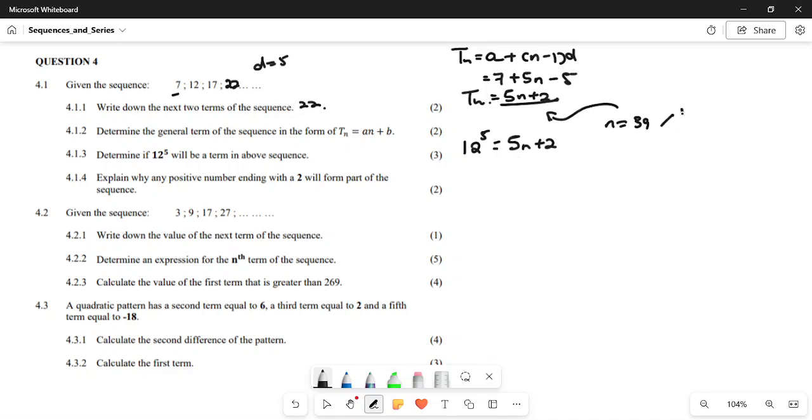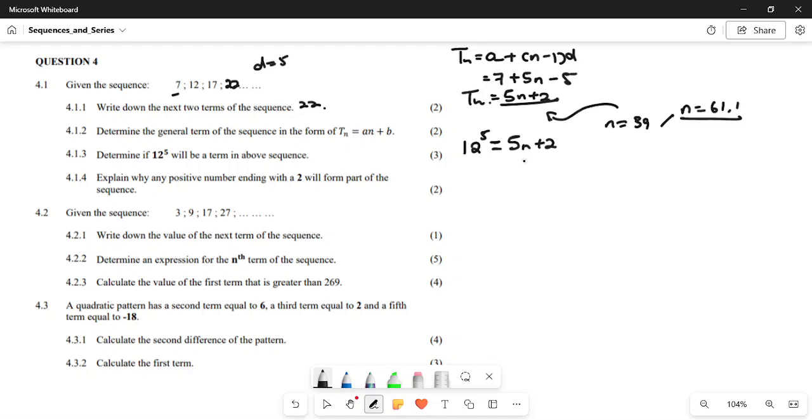But the moment we get something like n equals, let's say, 61 point something, there's a likelihood that this value is never part of our sequence, no matter how close the value we get once we substitute this decimal value. So let us solve for n so that we get our index, and we need to verify that index.